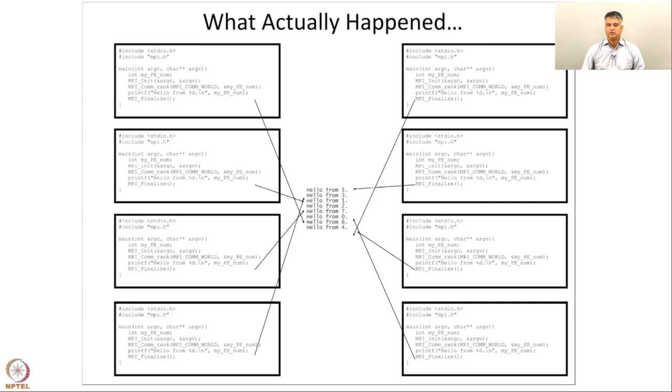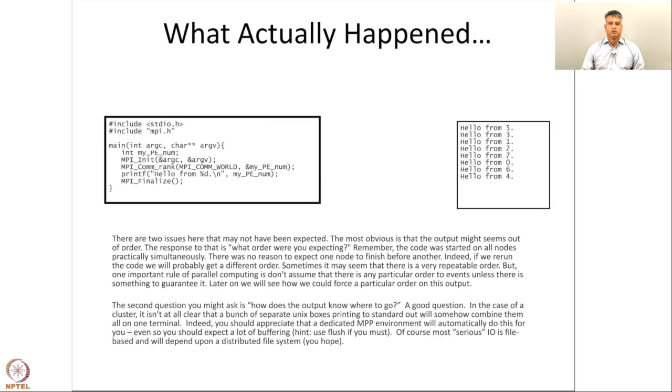As I said, the order in which they come out doesn't matter. Each of them has its own priority. There is no special identification for a master or a slave process. That is now left to the programmer on how to handle it using the discriminator of process ID. So once we execute this code, we cannot expect that the output will come out in the same order every single time.